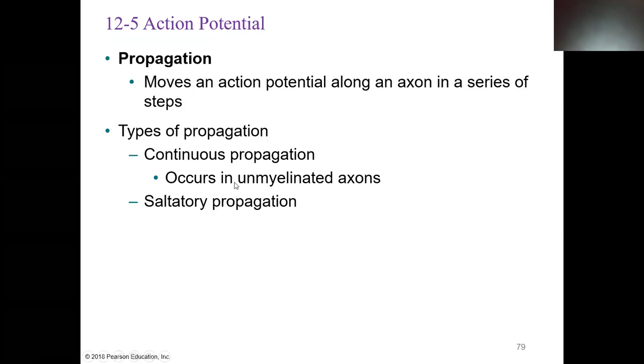However, saltatory propagation is a whole lot faster. So let's say that somebody made me a jetpack and I opened up this window and I were to jetpack out this window and I get to my car as fast as the snap of a finger. That's saltatory propagation. I don't have to take all of these steps, walk one by one by one. I'm there very, very quickly.